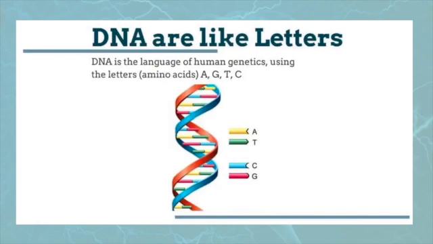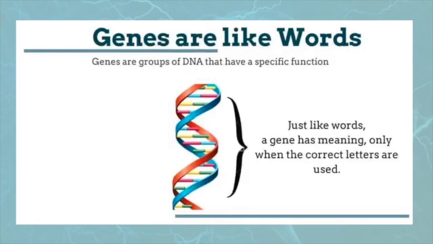In the human genetics language, we only have 4 letters, and they always come in pairs. The letter A is always paired with the letter T, and the letter G is always paired with the letter C. Those pairs form steps in a spiral double helix staircase, or DNA, as shown in the image.